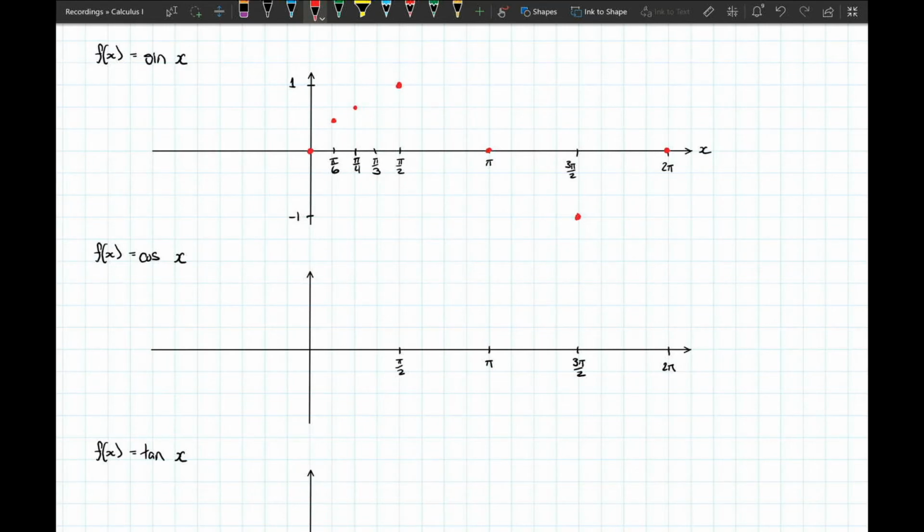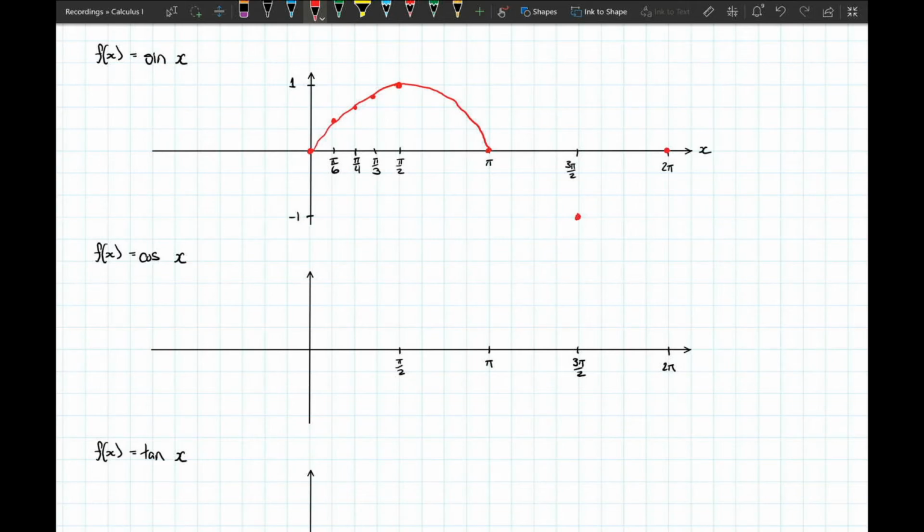And sine of pi over 3 is root 3 over 2. And so it's got this sort of smooth motion that goes up towards that top point. And as we travel through into the second quadrant, we come right back through all of those same y coordinates, and it's smooth heading right back down to 0.